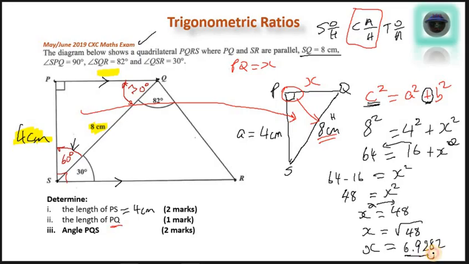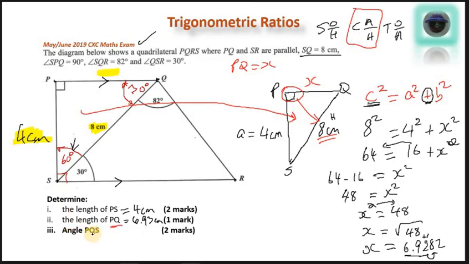When we check the next digit, it's 5 or more, so we add 1 to the 2. Once the next digit you check is 5 or more, we add 1 to the required significant figure, which here is the third, a 2. So our answer will be 6.93 centimeters, corrected to 3 significant figures.